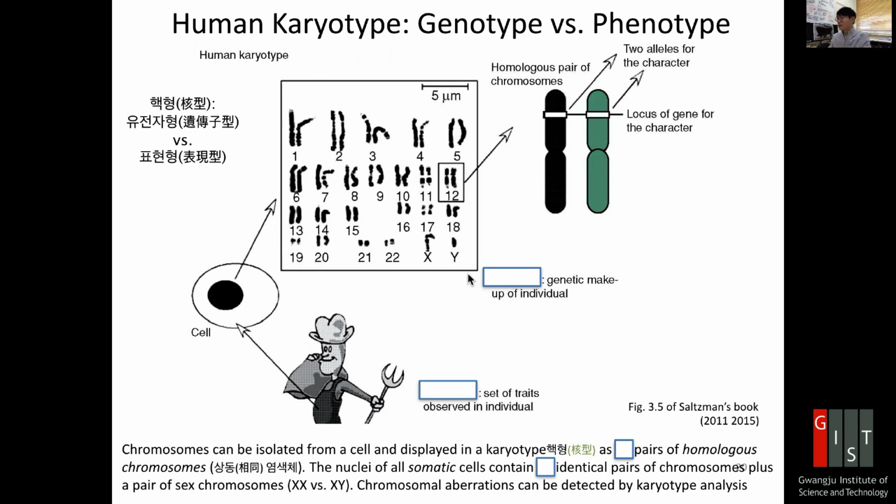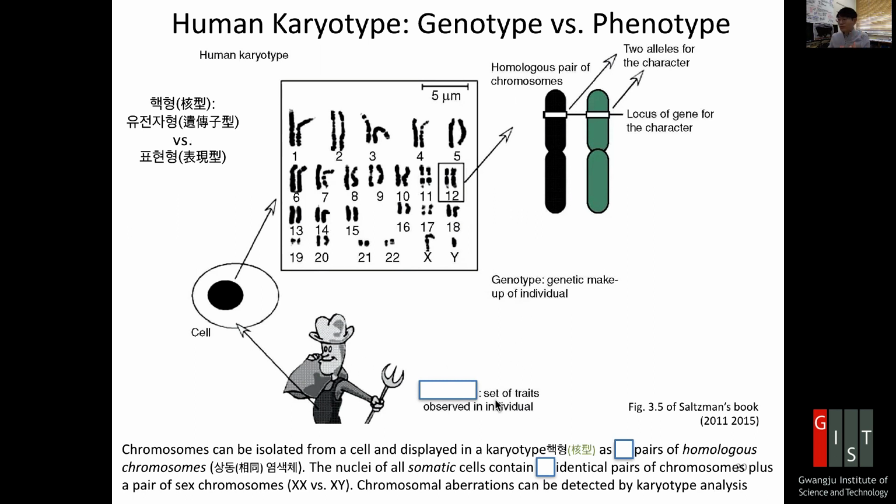And then you can find pairs of these chromosomes. One is typically from the father, the other from the mother. So this is 23 pairs in total. And the genetic makeup of an individual we call genotype.